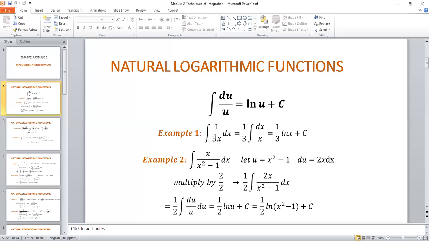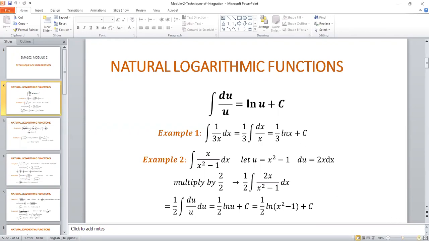In this case, that constant here is 1/3. So you set it aside and you have the remaining expression, the integral of dx over x. This one is comparable to this. Your u is x, the du of this x is dx. So your answer is 1/3 ln of x plus c.